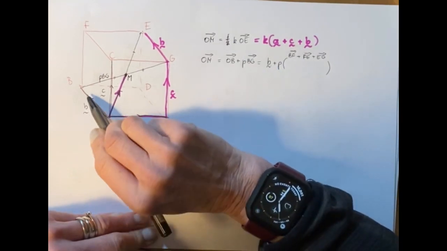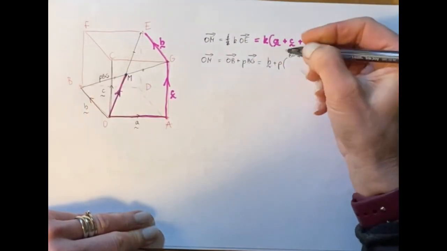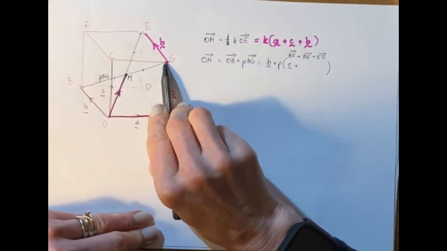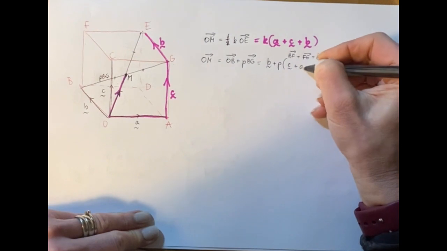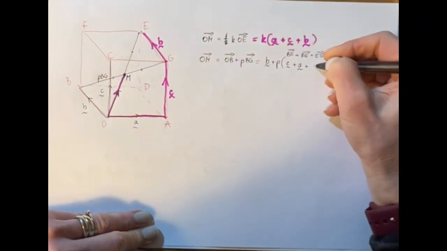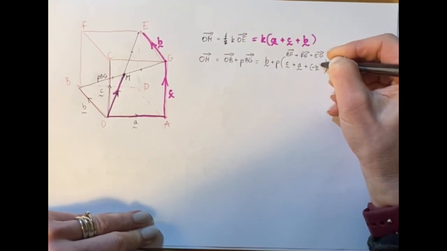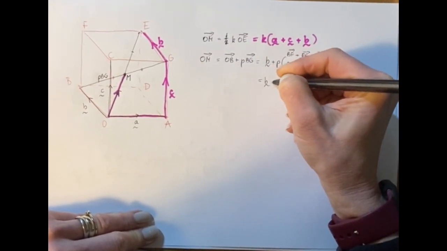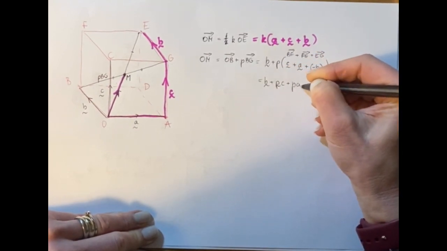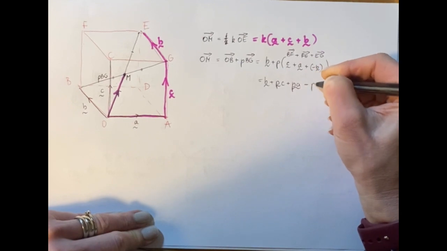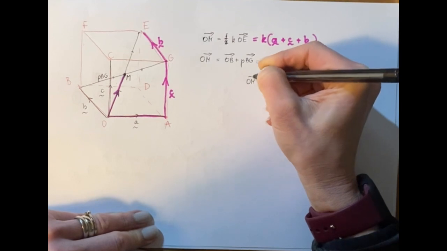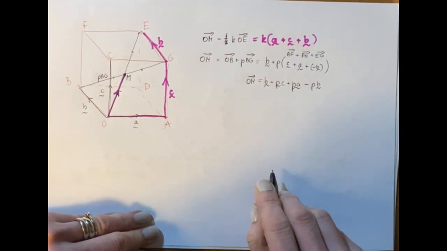So BF is our vector C, so it's C. FE is the same as this vector, which is A. And EG is actually going in opposite direction to B, so it's minus B. So it's B plus PC plus PA minus PB. And that's our OM, using a different way of approaching these.